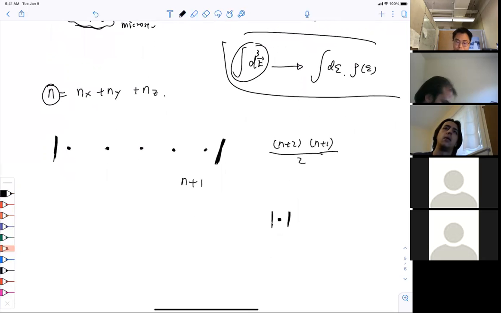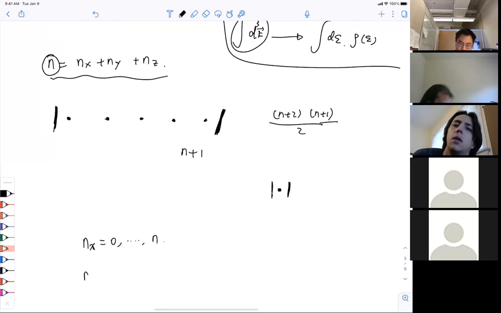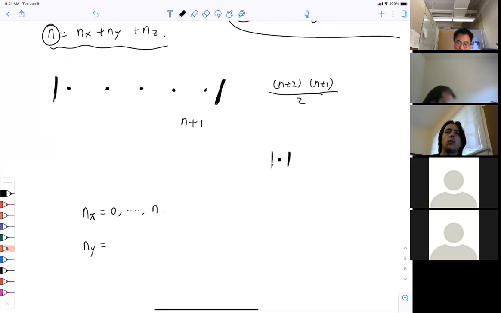Another way to figure out this degeneracy is, if you fix your nx, your nx can be 0 to n, right? Then how many choices do you have for ny? This way is more rigorous, and you have less possibility of being wrong. ny plus nz equals n minus nx.